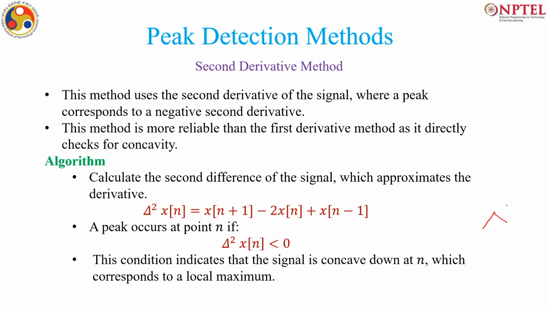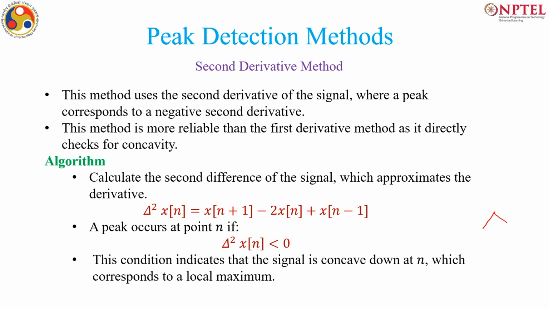So my rate is changing from positive to negative, hence my double derivative will be negative. Similarly, you can detect a trough also, since this is the same algorithm with the polarities and signs reversed, so I am not explaining it explicitly.